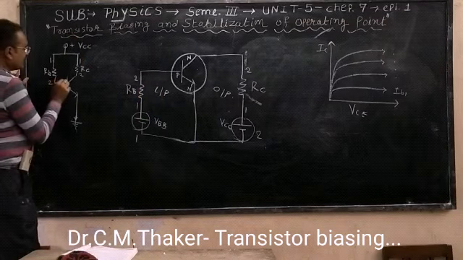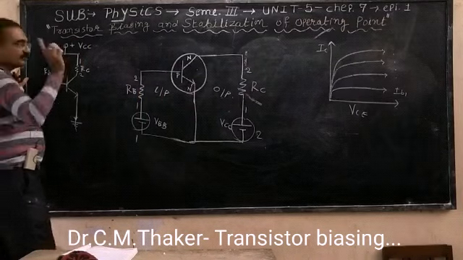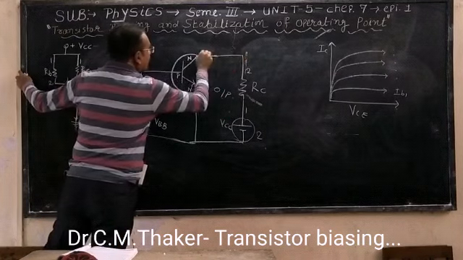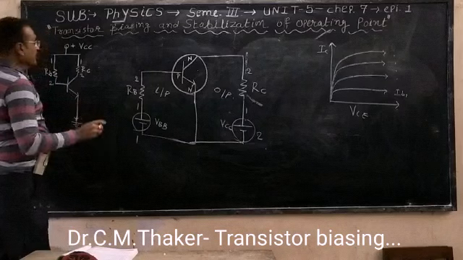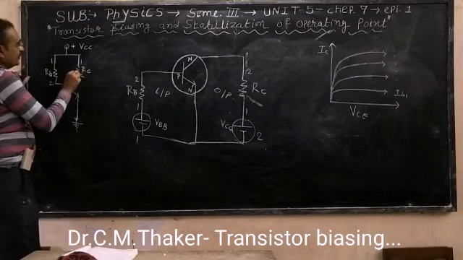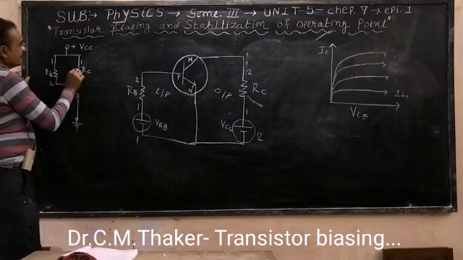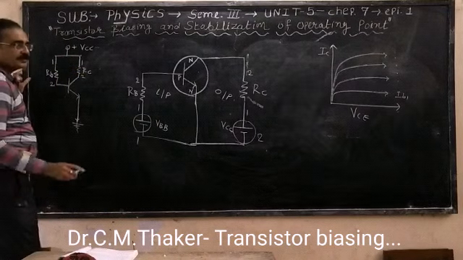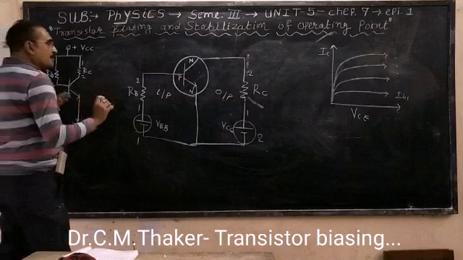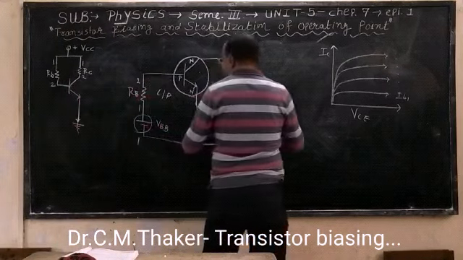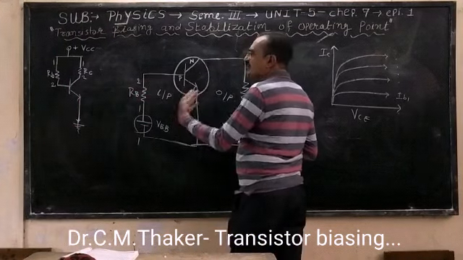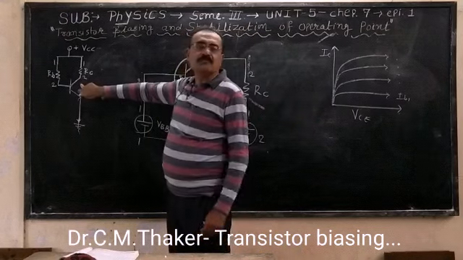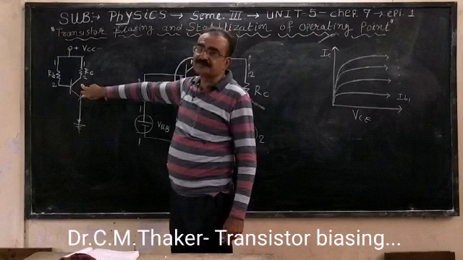In the same way, the second terminal of RC is connected directly with the collector. So this circuit is converted into a single power supply and is the equivalent form of the fixed bias.